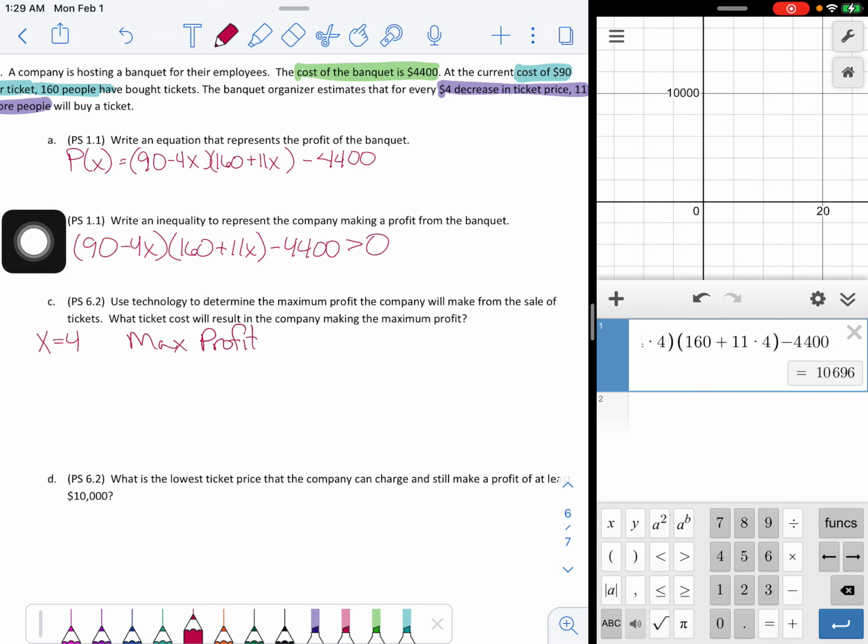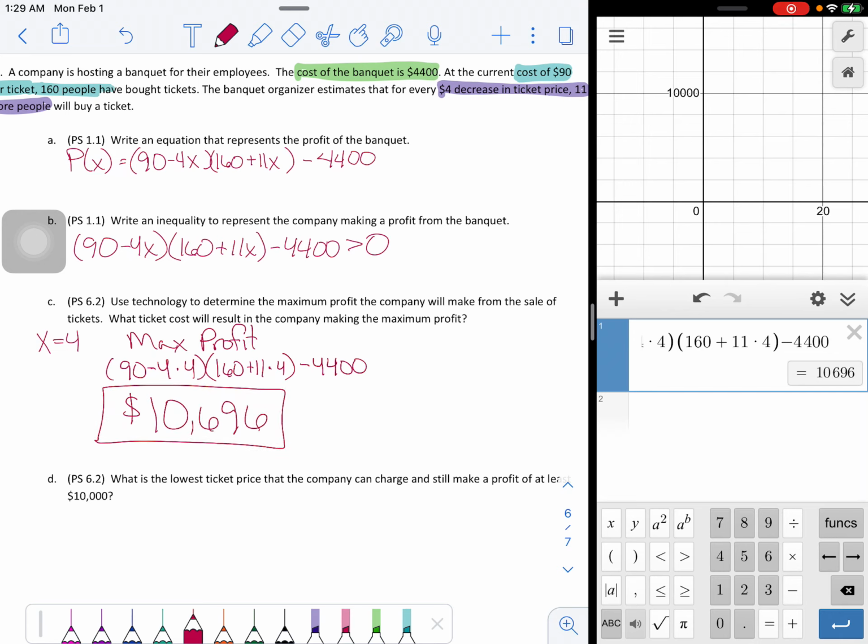So the maximum profit that we can make, and this came from replacing x with 4. And again, pop it into Desmos or your calculator of choice. If you have your own calculator, great, use that. So that's going to be $10,696 of profit.